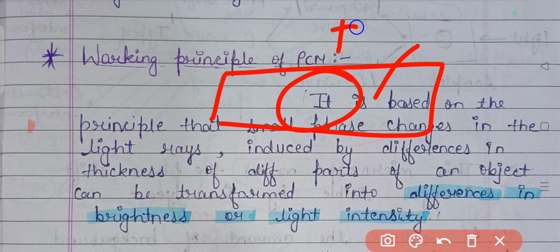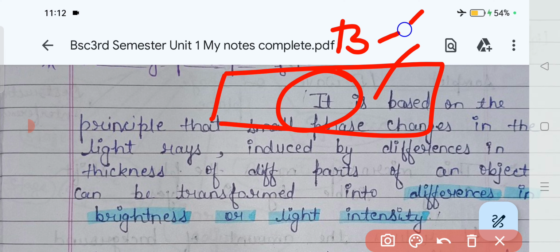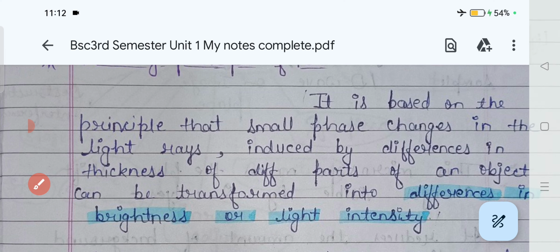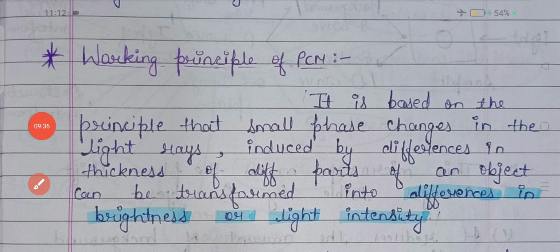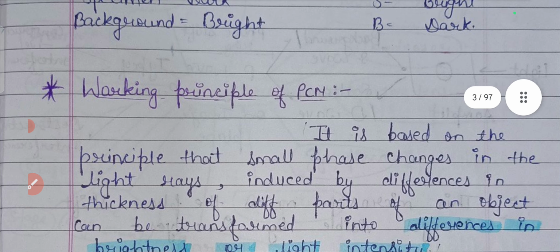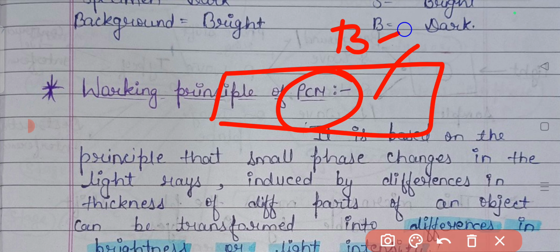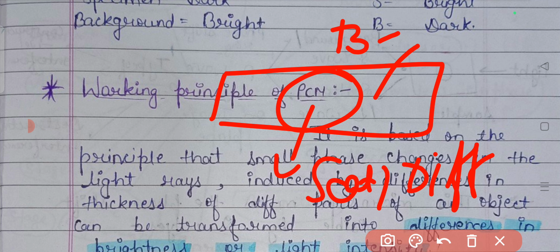First is the background wave, also known as the S wave because it is the surrounding wave. The second type is that of the specimen, the scattered wave or the diffracted wave. Two different types of waves will be generated: the background wave and the scattered wave, or sample wave.